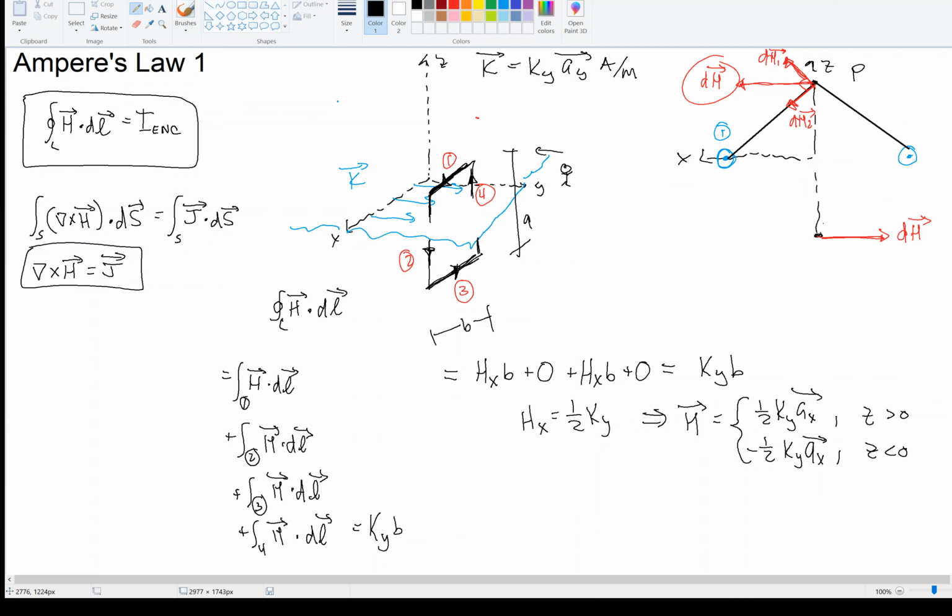Okay, and then in general, maybe we don't want this to be dependent on how we oriented the sheet. So in general, what you can say is that H is equal to 1/2 K, where K is just any old orientation, cross a normal vector to the sheet, to the field point. And that is our final result.